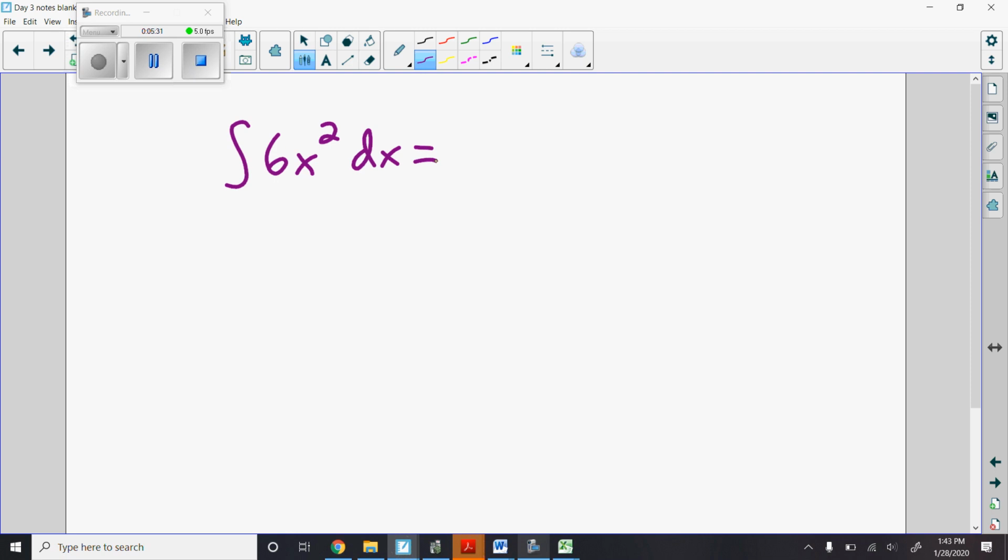When we take a look at this, there's going to be a shortcut coming soon. I want to think about, okay, I know that my antiderivative here is going to be something to the 3rd power.